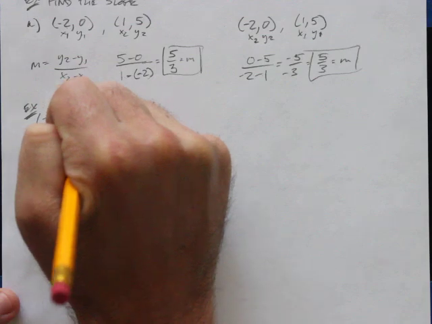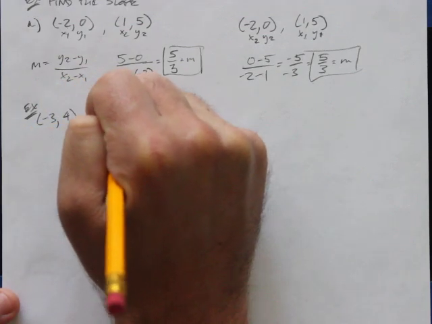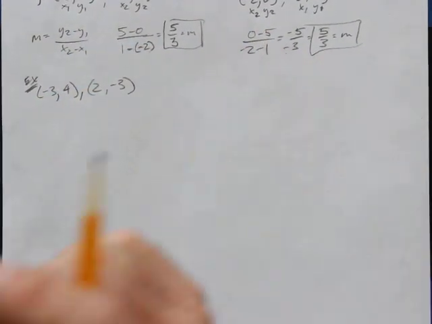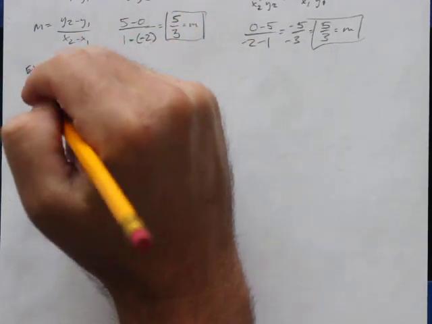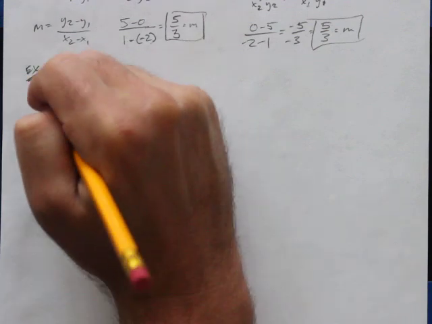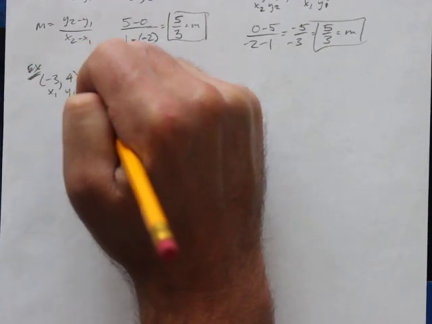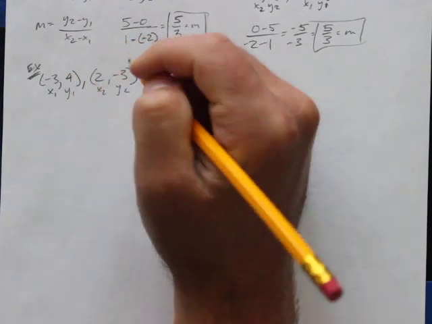-3, 4, 2, -3. Find the slope. All right, we'll do this one together, and then I'm going to send you off on your own. Let's see. First thing I do, label x1, y1, x2, y2.